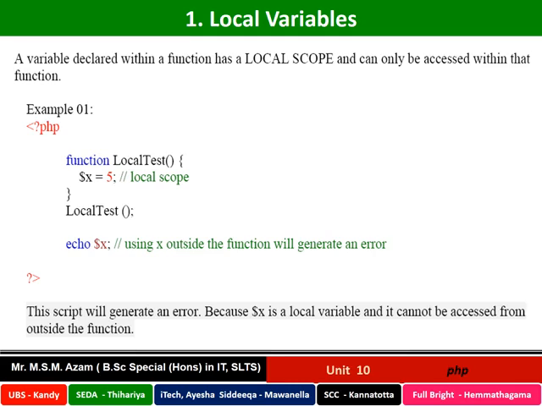When I print that value using the echo function outside the given function localTest, it will generate an error. Because $x, that means variable x, is a local variable and it cannot be accessed from outside the function. Therefore, this script will generate an error.